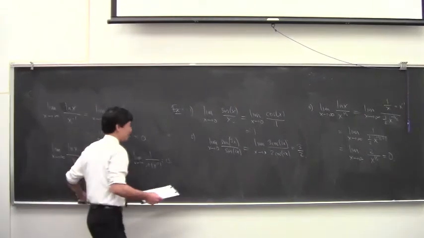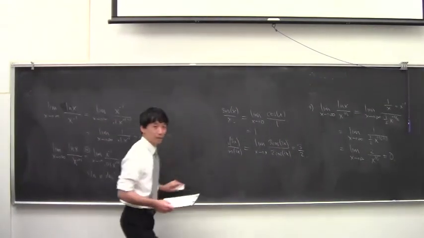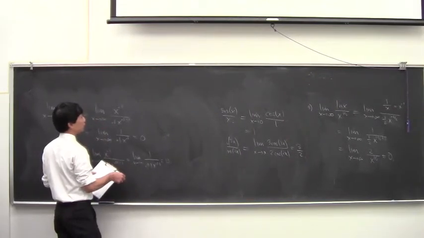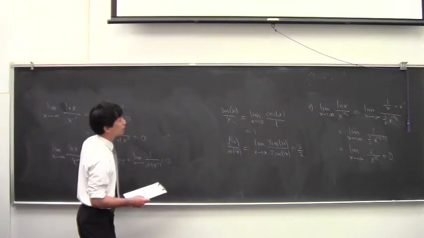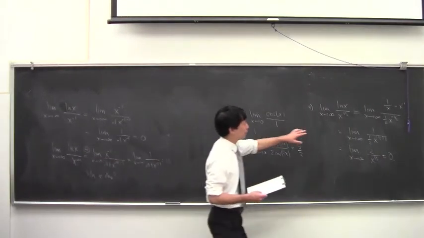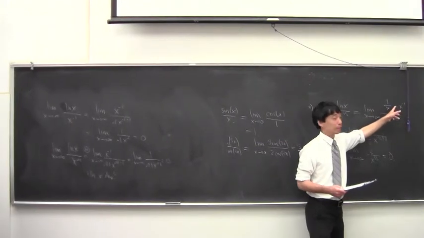So what do you say again, Mariah? I'm not following you. If you have what you wrote before, 1 over x over 1 over 0.1 x to the 0.9, how about we look at this one? This one's maybe easier to see. Sure.